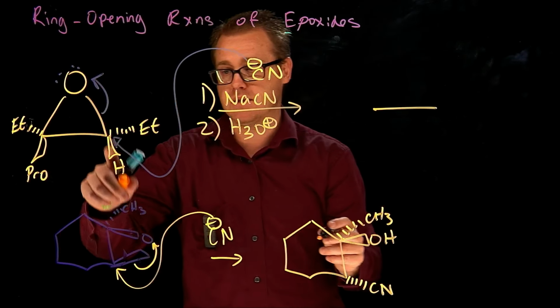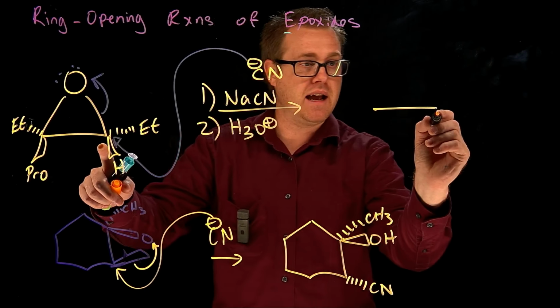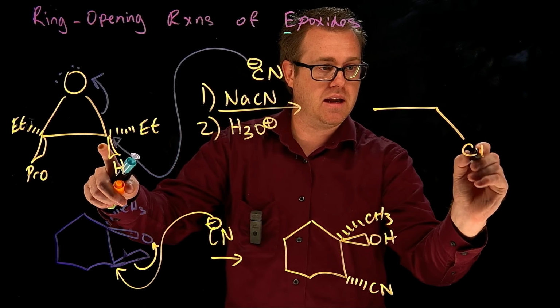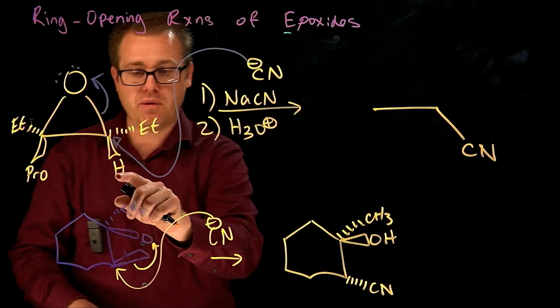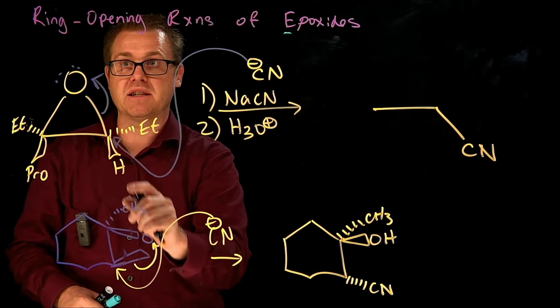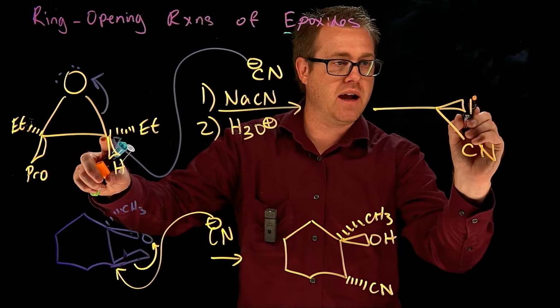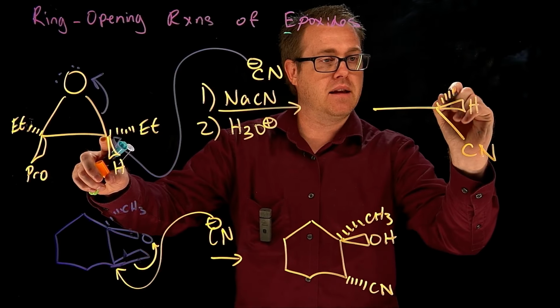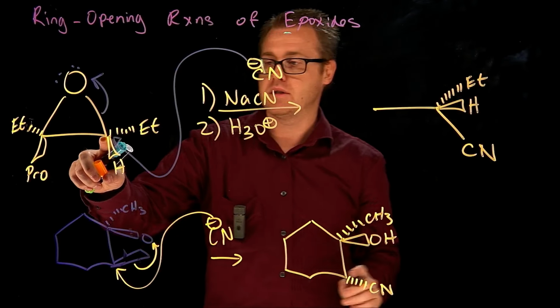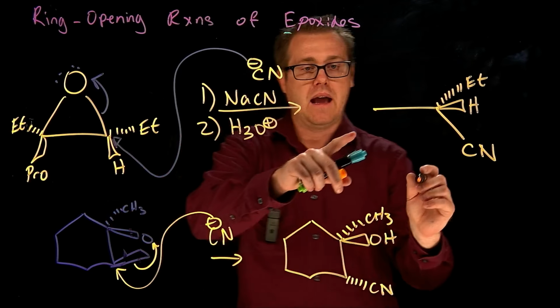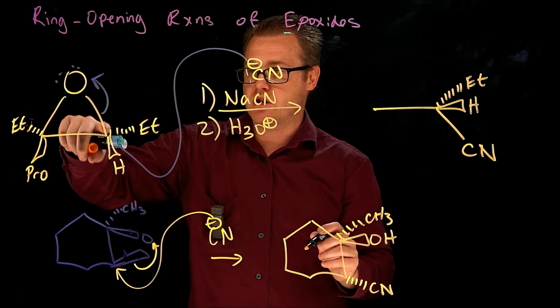So that means that you take your cyanide and stick it underneath, CN right there, and then you keep these wedges and dashes exactly the same. Don't change it. So we have a wedged hydrogen and a dashed ethyl. Just write it down. And then it's the oxygen-carbon bond that breaks.